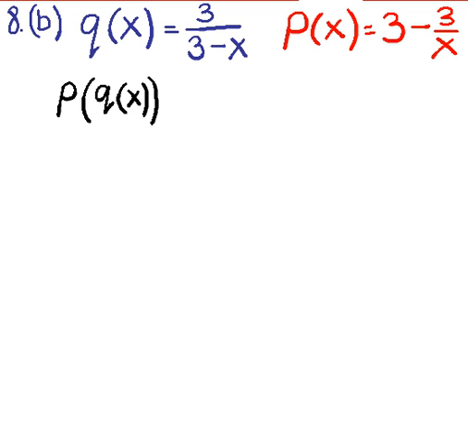In part B, we are given a second function, q of x, and we're told that q of x equals 3 over 3 minus x, where x doesn't equal 3. We're then asked to find p of q of x in its simplest form.